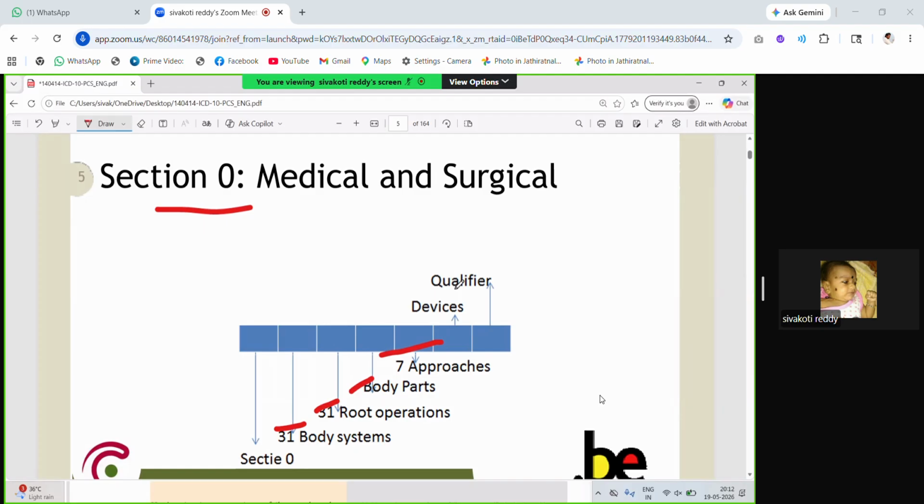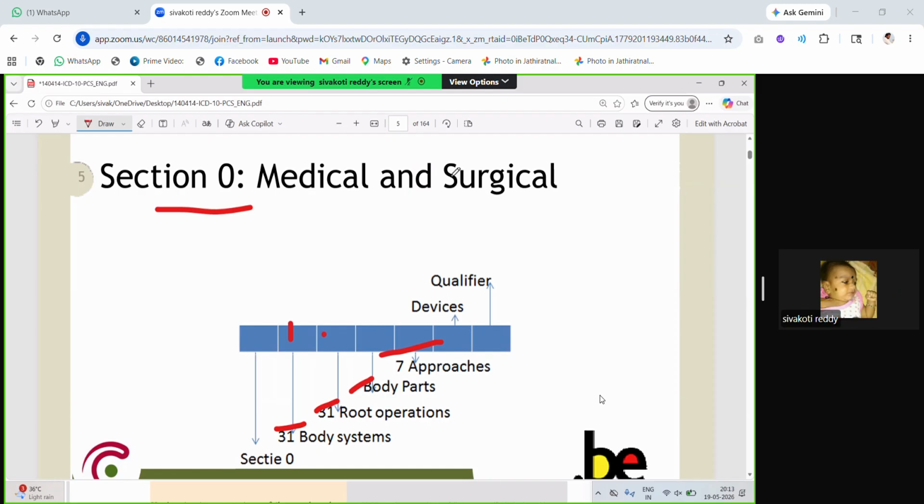We have fixed values in some characters: the first character, the second character, the third and fifth characters. If the procedure starts with 0, it is the medical and surgical section, and in the second character you will get one of the 31 body systems. So how do we identify the body system the procedure is related to?